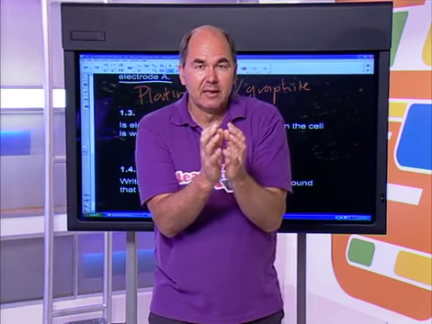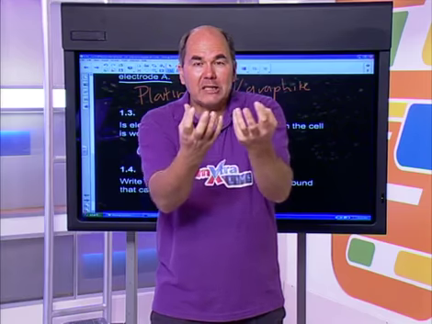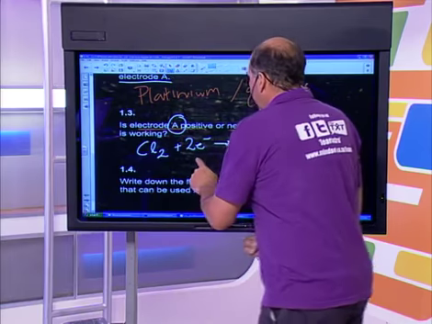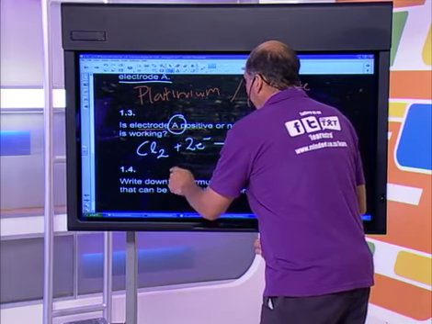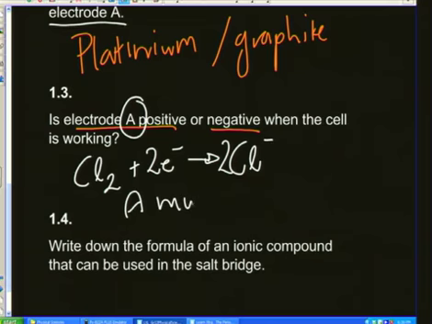So now, if it's gaining electrons, here's the trick that I need you to understand. What are electrons attracted to? Electrons are attracted to something that's positive. So A must be the positive electrode.